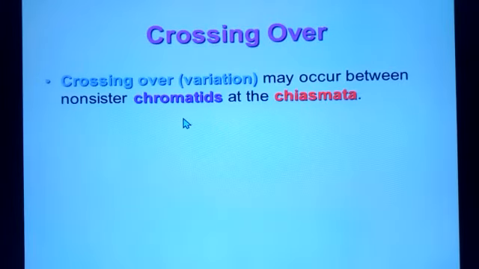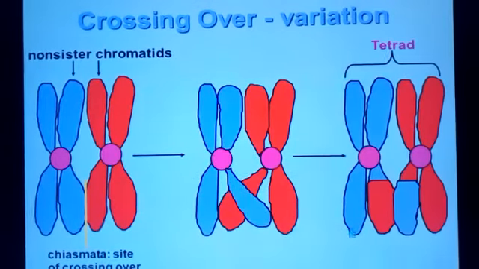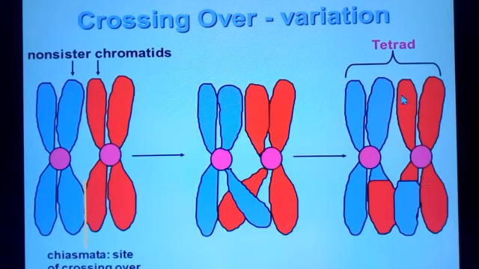Now, therefore, crossing over is a process by which there is free exchange of genetic material between two chromatids of a homologous pair. And these can now be seen here. Remember, at the end of the day, now we have these two sets of chromosomes.